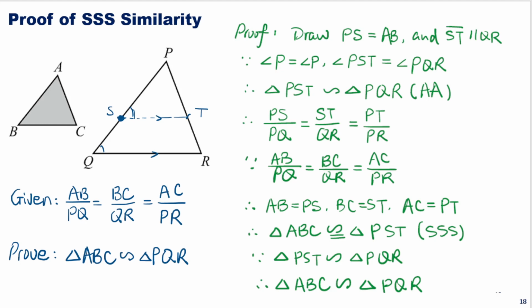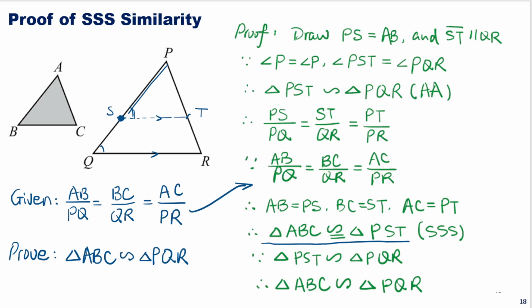Because the given information states that AB over PQ equals BC over QR equals AC over PR, then we know AB must equal PS, BC must equal ST, AC must equal PT, right? Then according to the SSS theorem, we can prove triangle ABC is actually congruent with triangle PST.